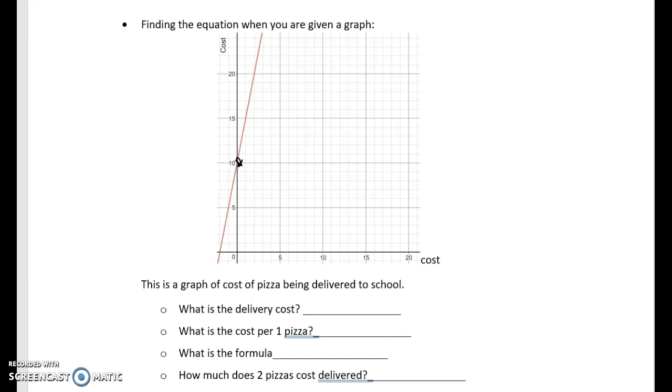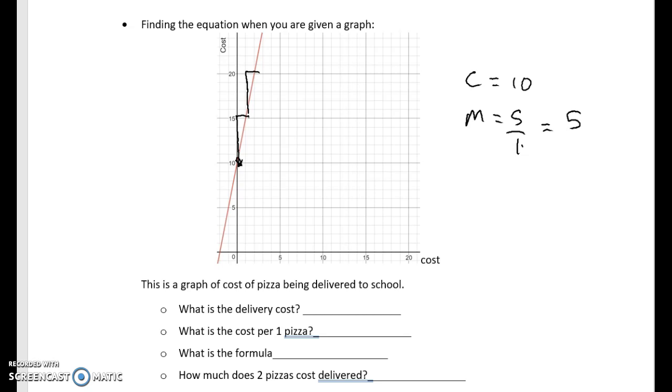So my y-intercept is 10, and my gradient is 1, 2, 3, 4, 5 over 1. So my gradient is 5 over 1, which I can write just as 5, because 5 divided by 1 is 5.